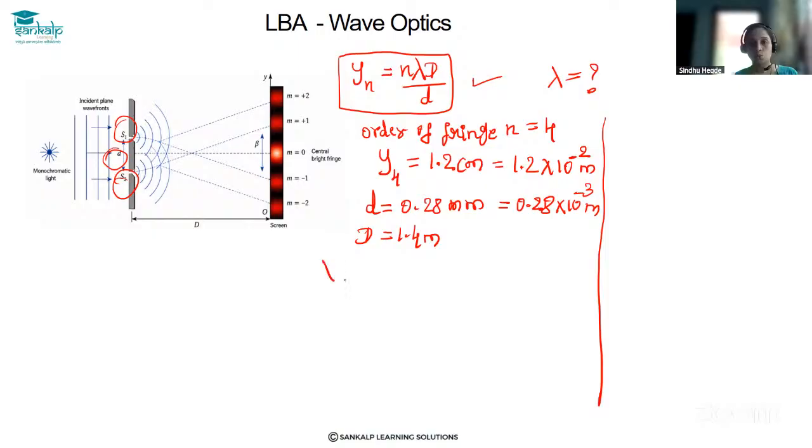So the expression becomes lambda is equal to yn into d divided by n into capital D. Here yn is nothing but y4.